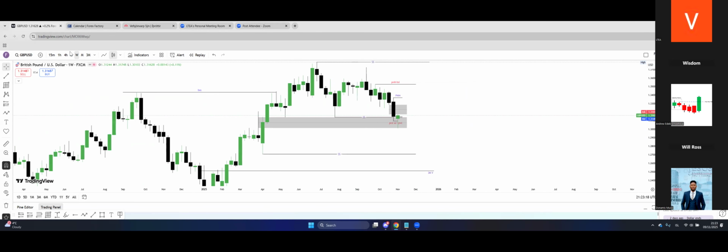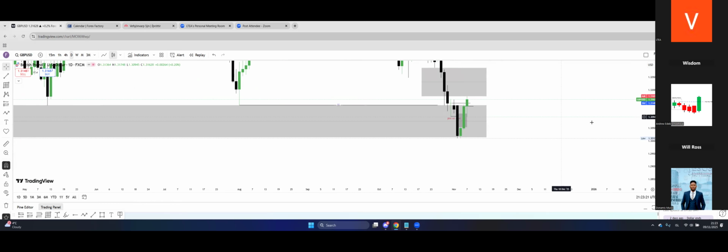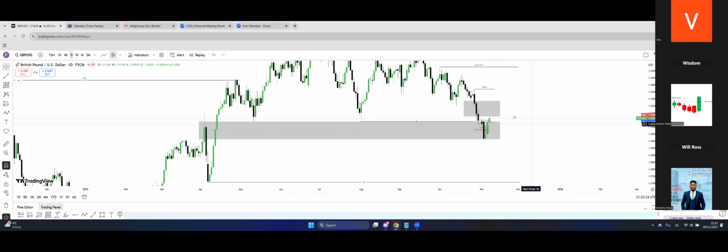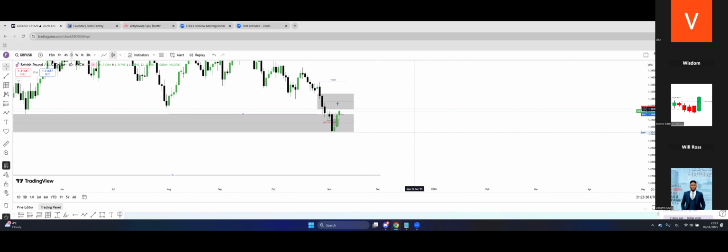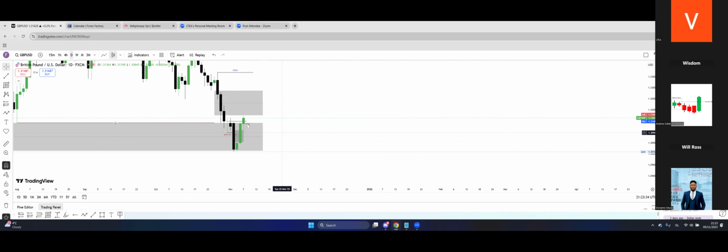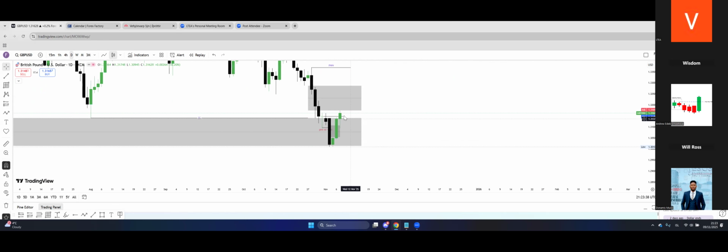Are we clear? So looking at the daily time frame, what can I see? This is where the work begins. What I can see is this weekly inefficiency, the price hasn't traded it at all. Yeah, an imbalance.